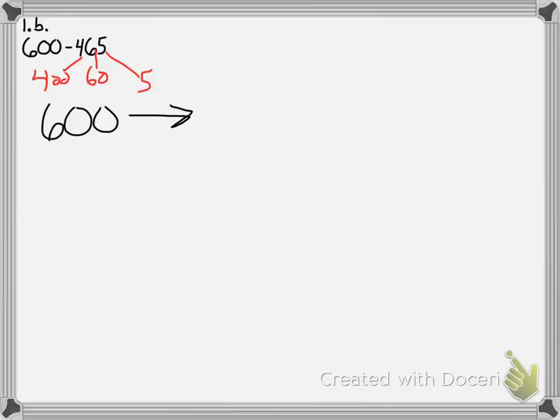So I'm going to go ahead and subtract my hundreds first. So we've got 600 minus 400 equals 200. 200 minus 60 equals 140.